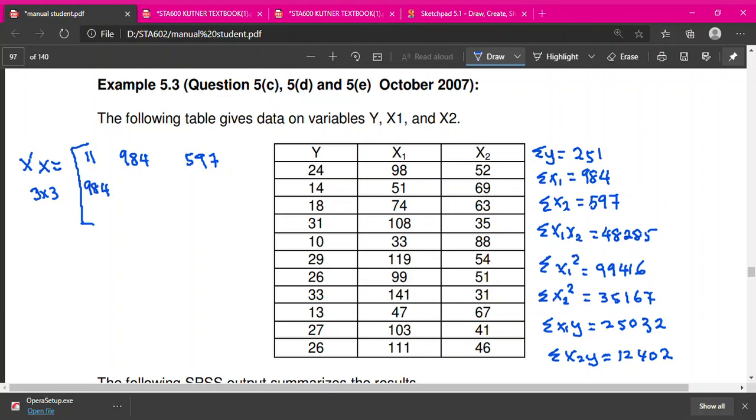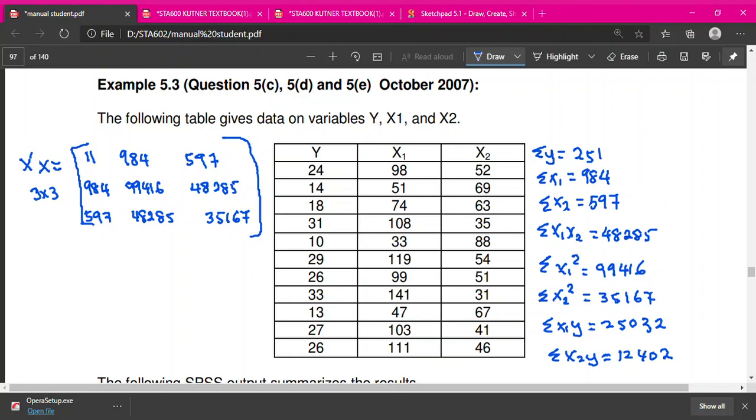Here will be summation of x1 square, which is 99416. Here is summation of x1 x2, 48285. Here 597. Here 48285, and then here is summation of x2 square, which is 35167. So we have this matrix.